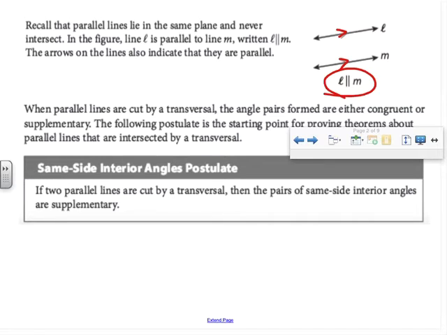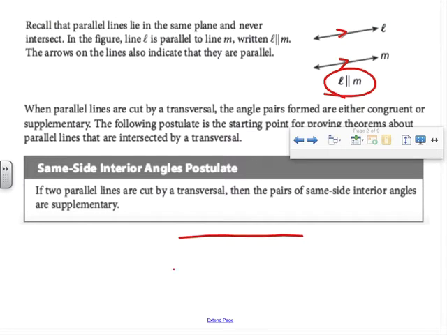And the first property that we have for those angles is on this screen. It is the same side interior angles postulate. Remember that a postulate is something that we just accept as true without it being proven. It's one of our building blocks of geometry. So this postulate says if two parallel lines are cut by a transversal, then the same side interior angles are supplementary.